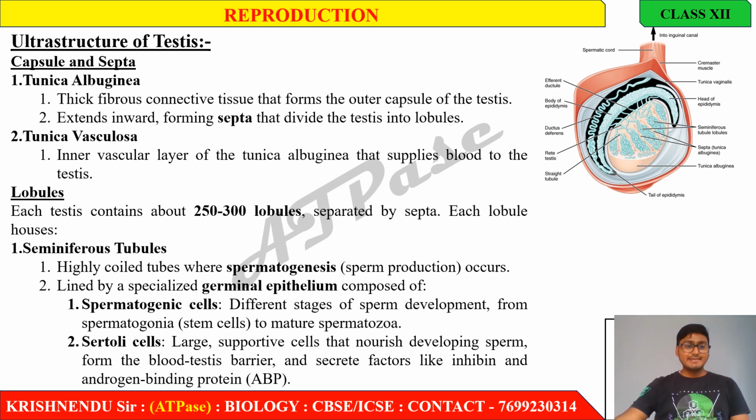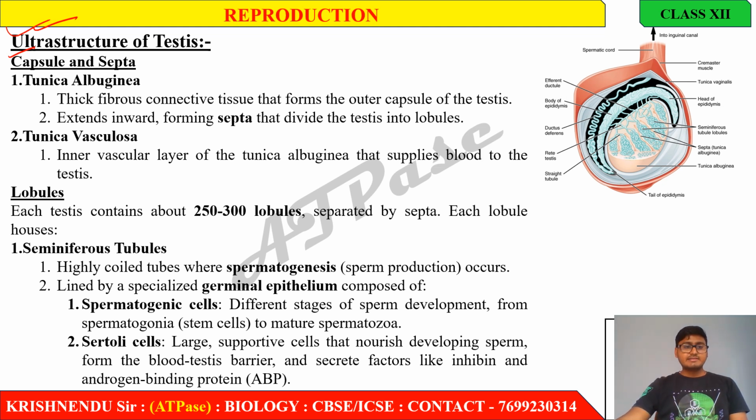Okay, students, in this slide we're going to learn about the ultrastructure of the testes. This is an important question from your exam point of view. At first, the capsule and septa. What is the capsule and septa? The outer layer of the testis is known as the capsule and septa.